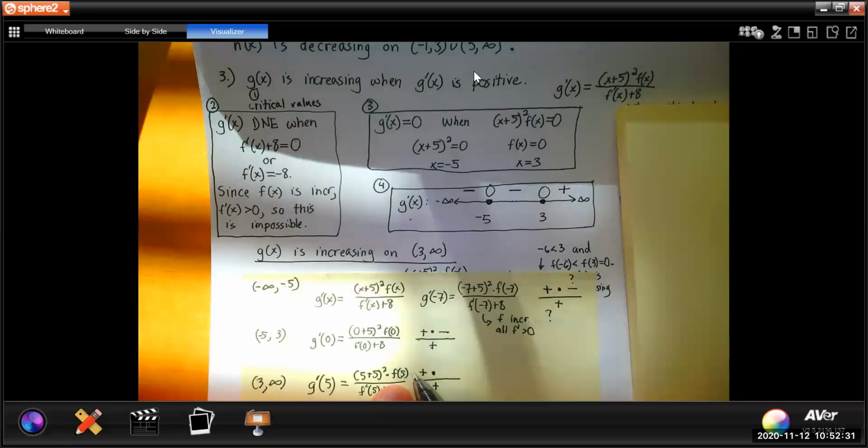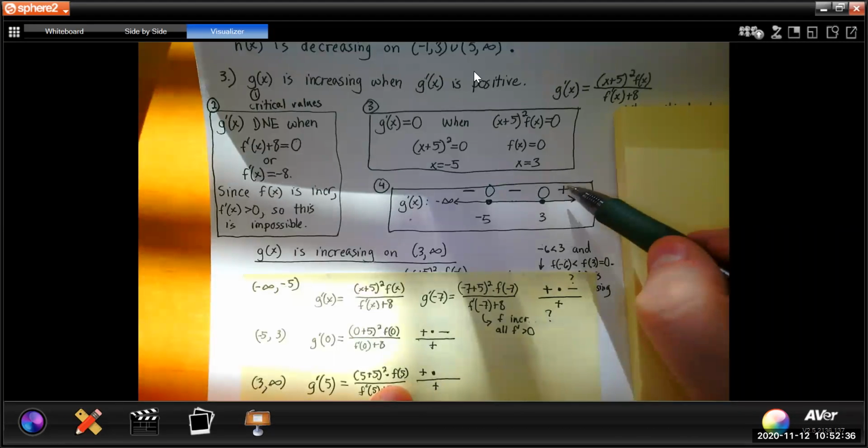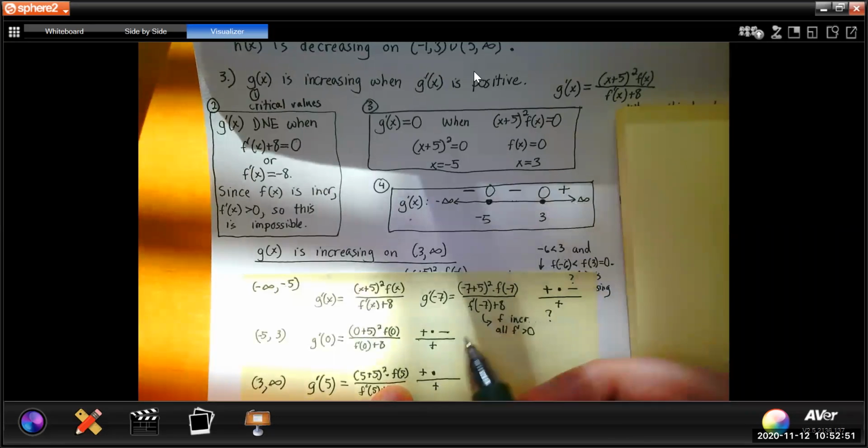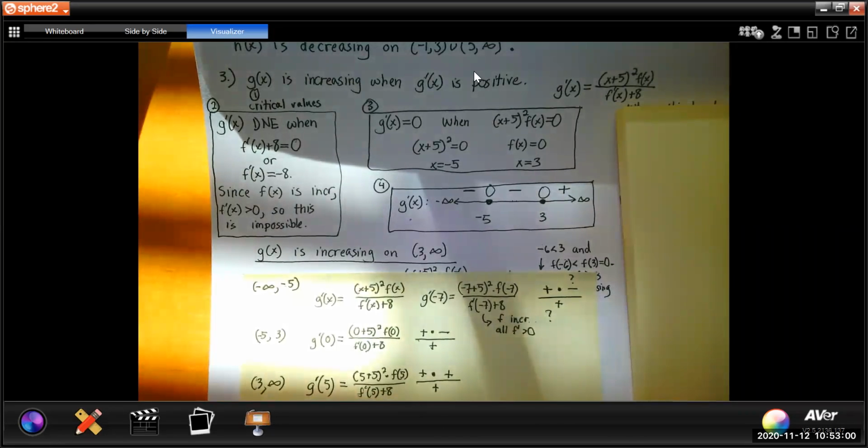It's different though now when I'm at 5 because 5 is bigger than 3. So that means the value of f of 5 is bigger than the value of f of 3. And f of 3 is 0, which means f of 5 has to be positive. So that's why this last one is positive. And that's why I think this question is particularly difficult.